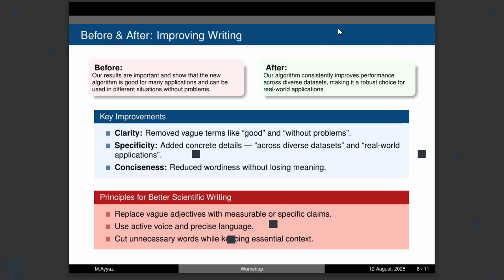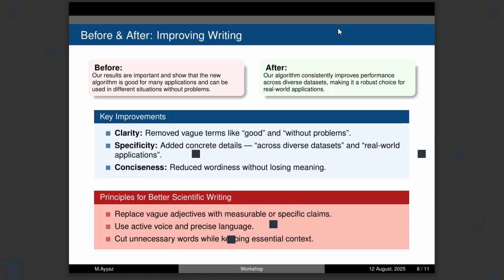So again, we have made use of different principles for better writing and conveying our message effectively to the audience. We have replaced vague adjectives with measurable or specific claims, and we have made use of active voice and precise language.